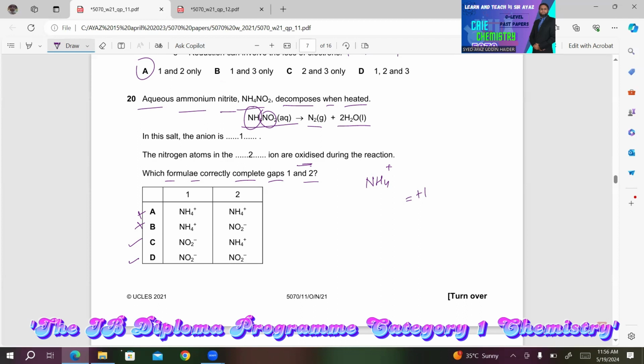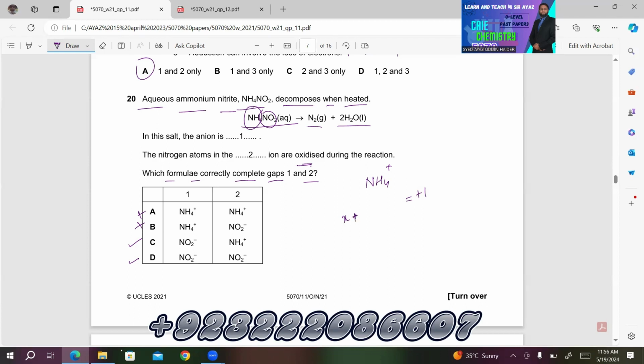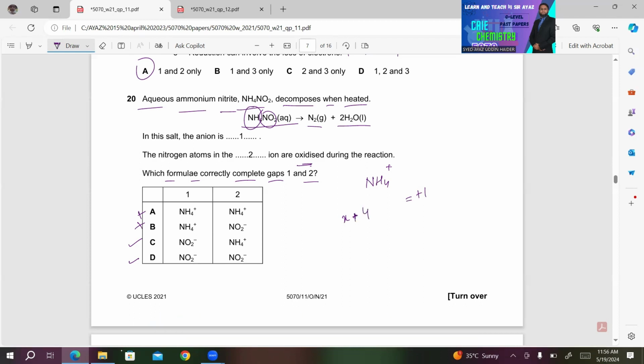It should be negative, so I will write X for nitrogen. What about hydrogen? Hydrogen is attached to the non-metal, so it must be carrying plus charge, and hydrogen carries +1 charge. There are 4 atoms of hydrogen, so 4 multiplied by +1. So X plus 4 is equal to +1, or X plus 4 minus 4 is equal to +1 minus 4.